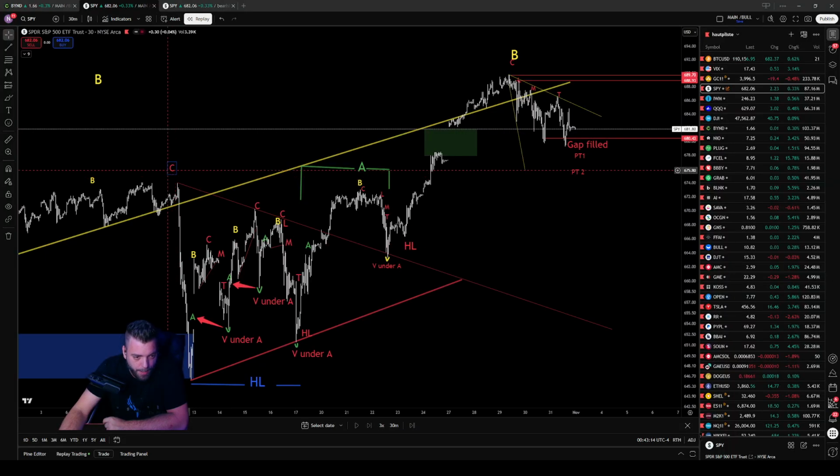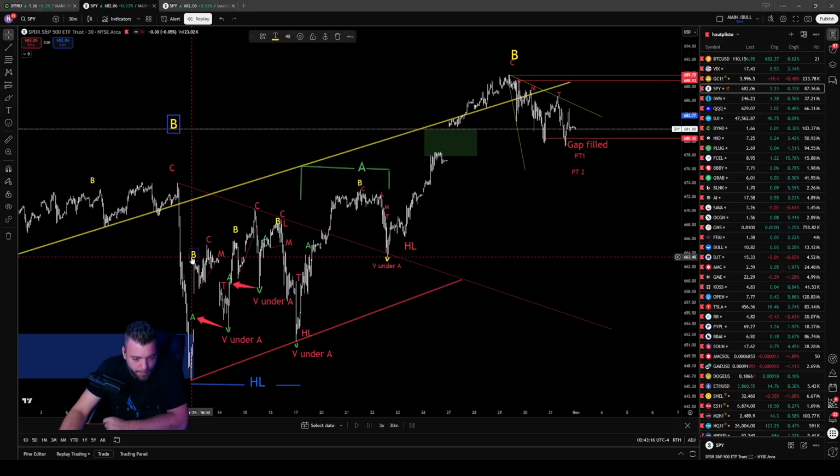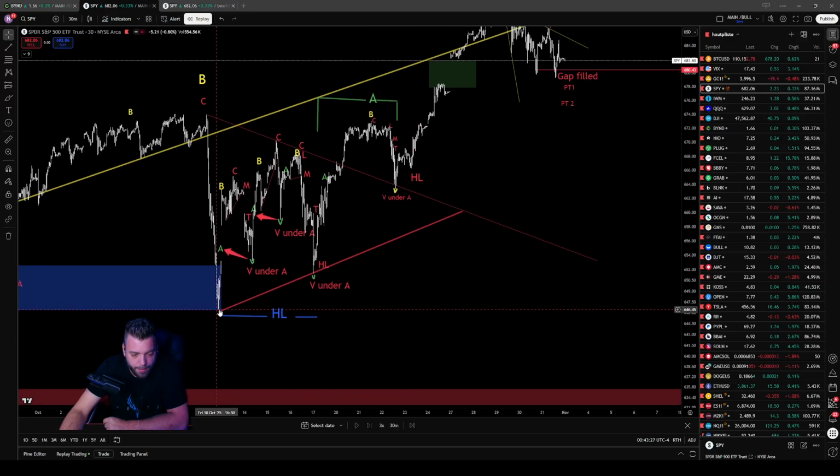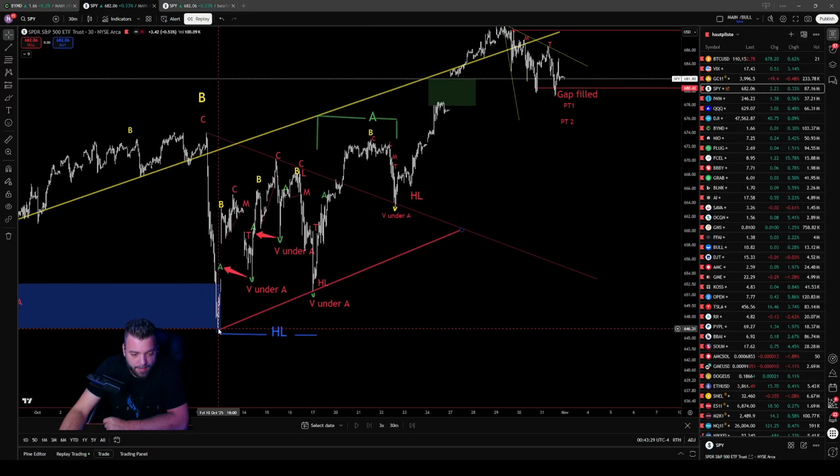So this is our small tracking, and this was what the video was all about. We have this big knife here from October 2025, which was our middle B and our small C. This was a perfect V and A. And since then, from October 10 to October 16, this whole thing was our higher low.